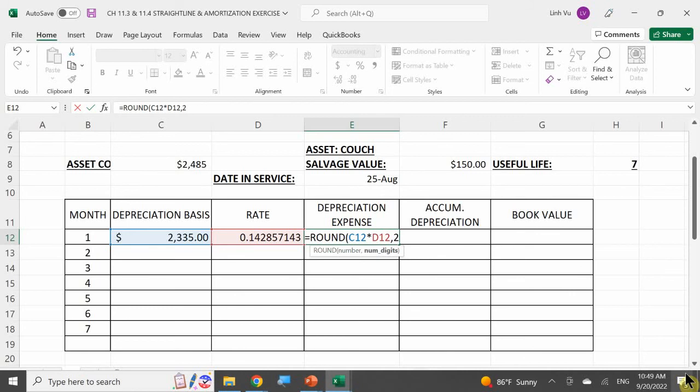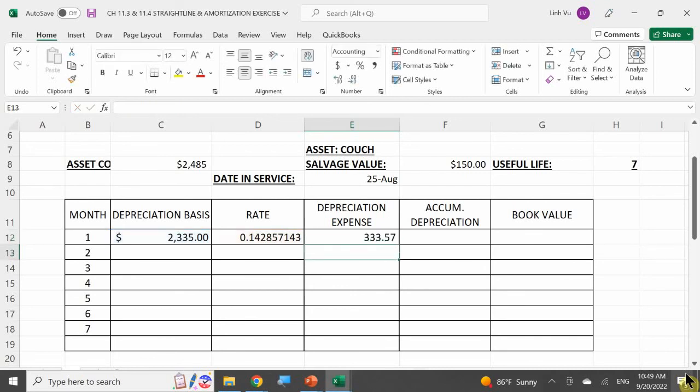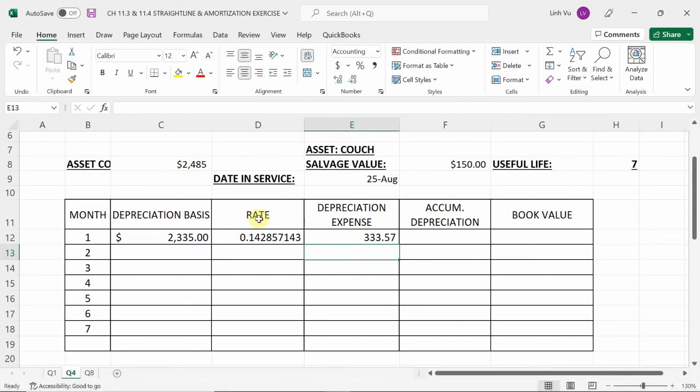I got 333.57. Now, is that true for depreciating at the end of the month? No. Okay.